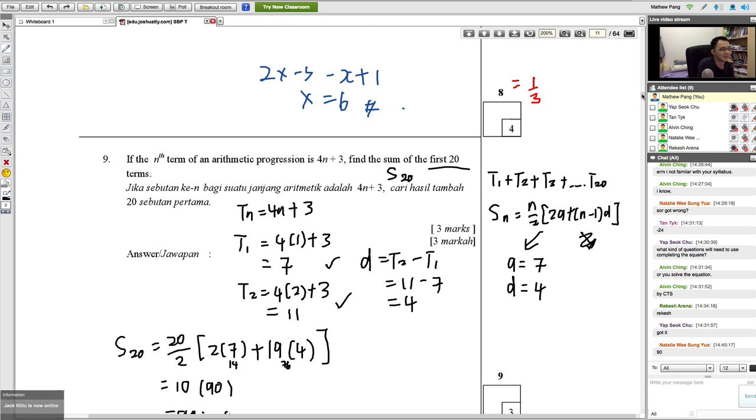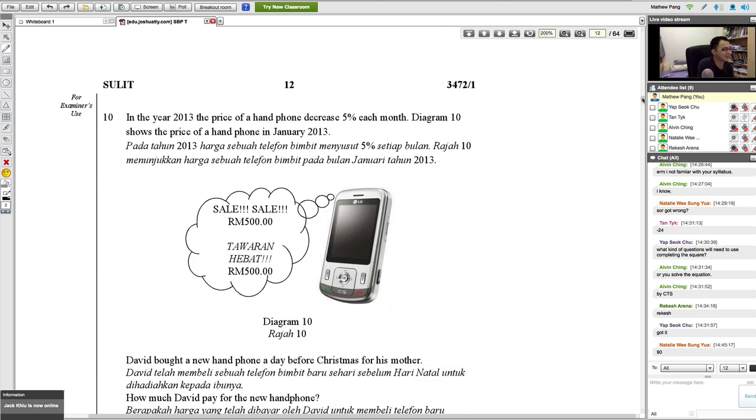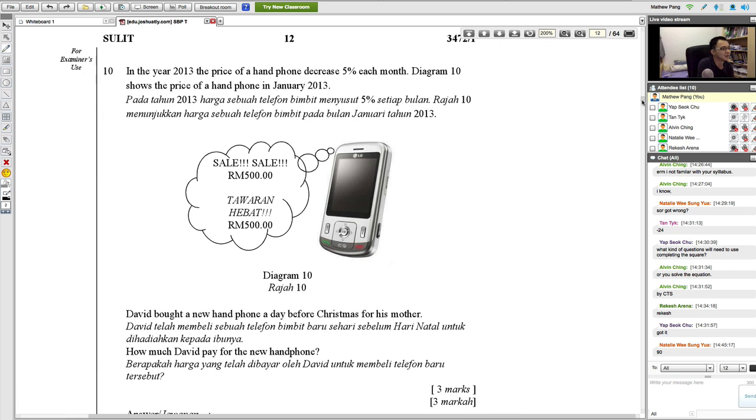Alright, so let's move on to number 10. Okay, this question is a little bit different. For number 10, the question says in the year 2013, the price of the handphone will decrease 5% each month. The diagram shows the price of the handphone in January 2013. So first this is January.